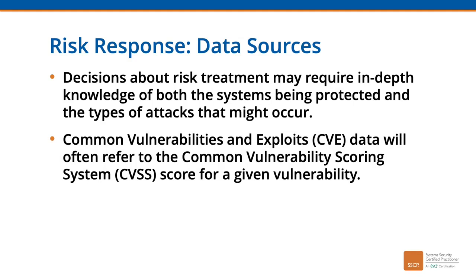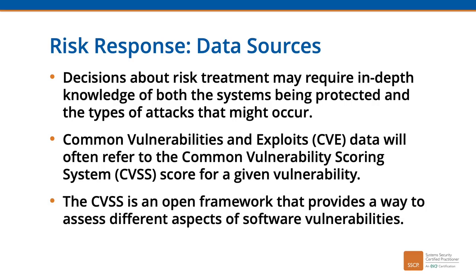In some cases, selecting the right controls may require detailed simulation of different control approaches and attack scenarios, which might include ethical penetration testing. These can generate megabytes to gigabytes of data, which will need analytic processing to support making informed decisions. CVE data will often refer to the CVSS score for a given vulnerability.